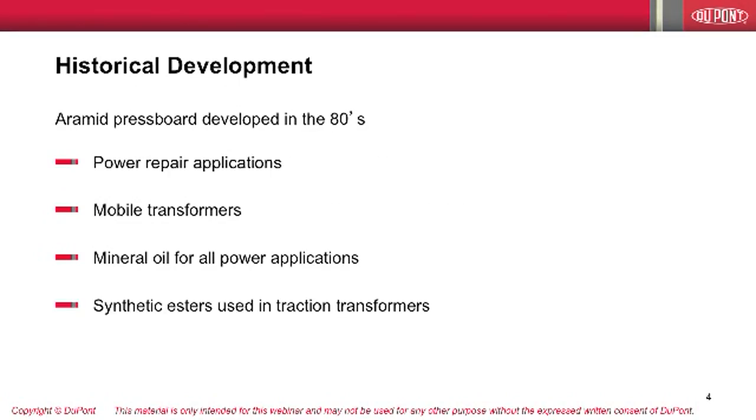In the 1980s, DuPont and Weidmann collaborated to develop a family of Aramid Nomex brand pressboard products similar to the Weidmann cellulose products. These products opened the door to power transformer repair applications, especially when increased power was necessary.